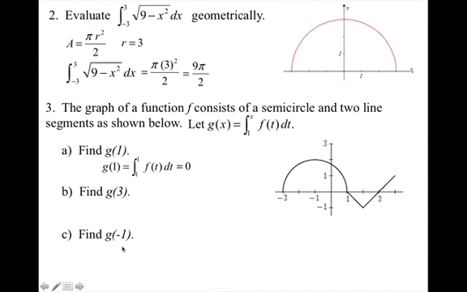Now, if we were to do g of 3 this time, that means our integral is going to be from 1 to 3. So if I come over to my graph and look to see what we have, from 1 to 3, I have a triangle that is below the curve. And can't we find the area of a triangle?